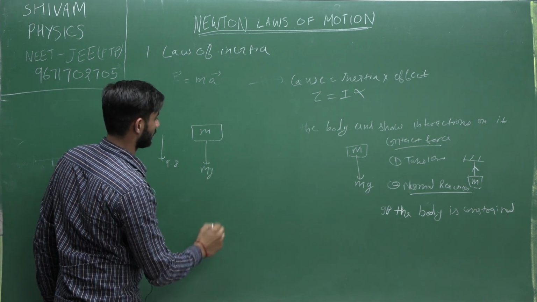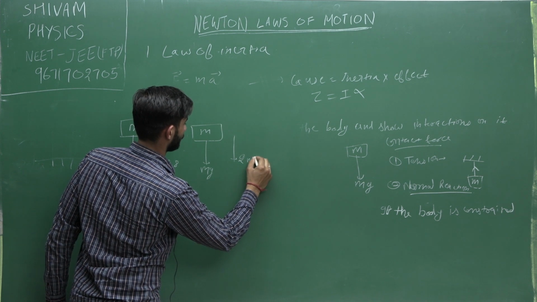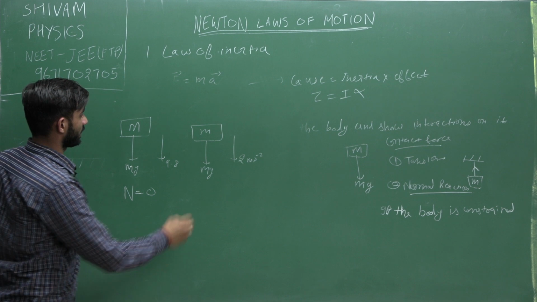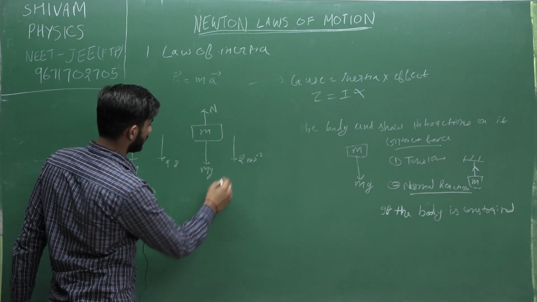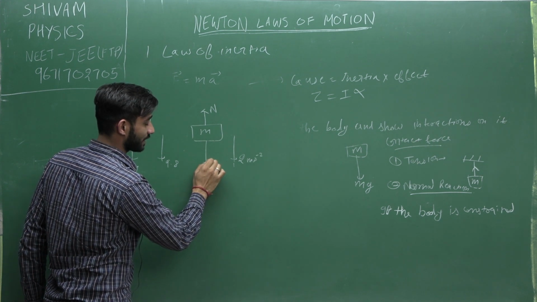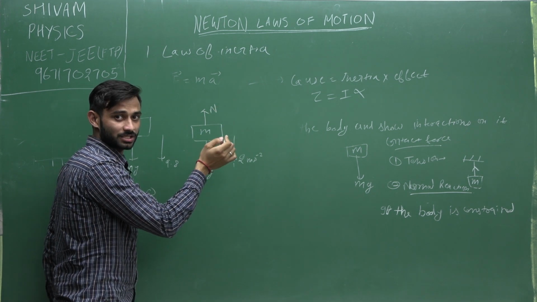In this case, the normal reaction is 0. Now consider another case: mass m, gravitational force acting downward, and it is accelerating downward with 2 meters per second squared. In this case, let the normal reaction acting on it be N. Now apply Newton's second law here. Acceleration is in the downward direction, so the force in the downward direction is taken as positive, and the one in the opposite direction is taken as negative.